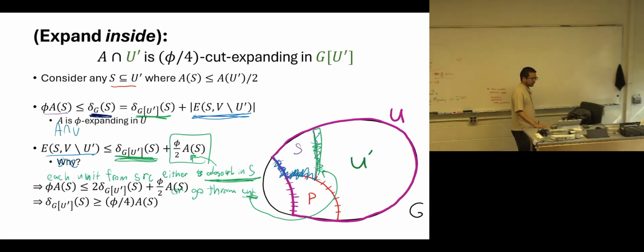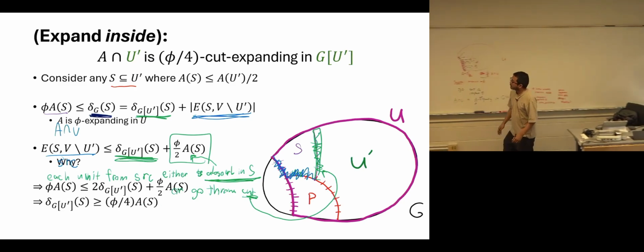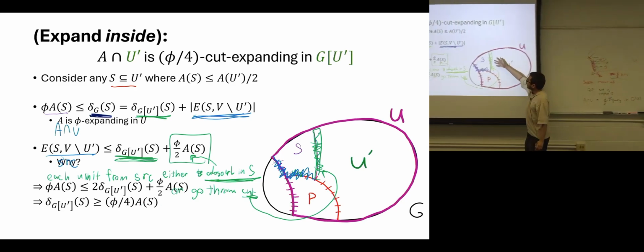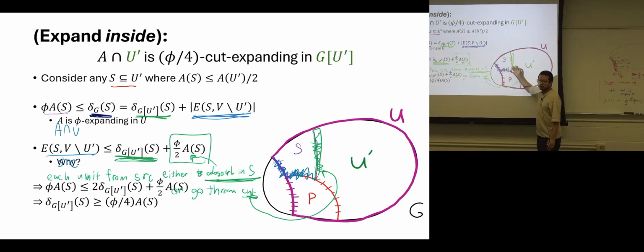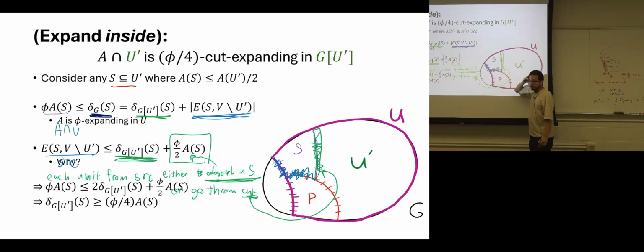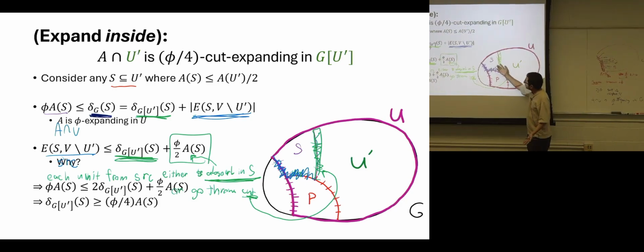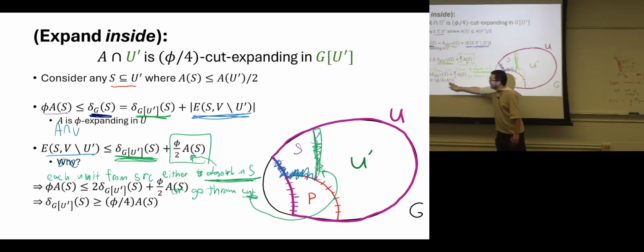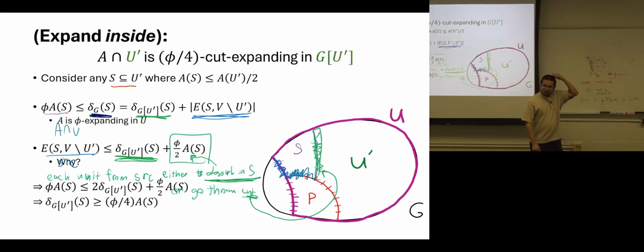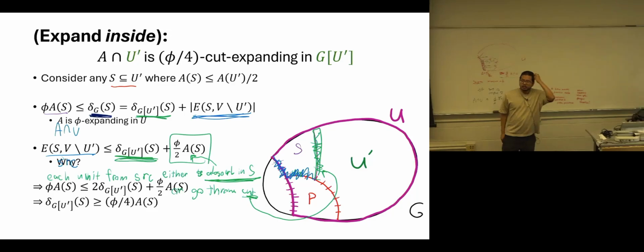And then it just means that the cut size here is at least phi over 4 AS. So it means that this cut is not sparse. It's phi over 4 expanding inside the induced subgraph of U prime. Right? Even if you count edges inside U prime, it's big compared to AS. Make sense?